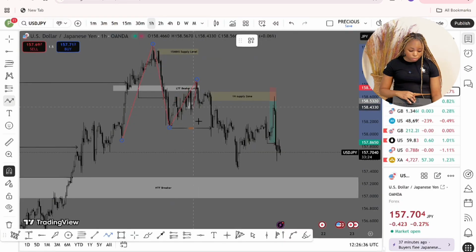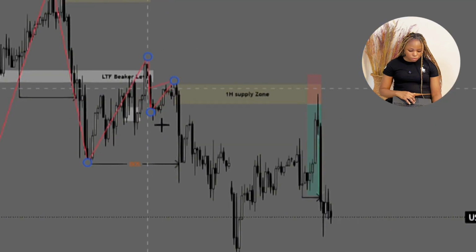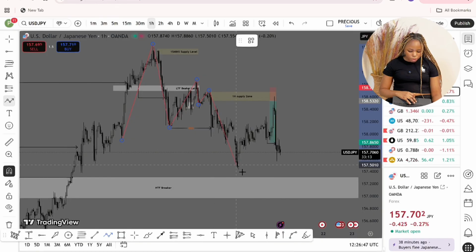I'm going to come back to that. So we have a low here and a high here. You can see our price came down to mitigate this high here, and then came all the way here. I'm not marking more internal structure, I'm just taking the obvious structure on the higher time frame, the 1 hour.